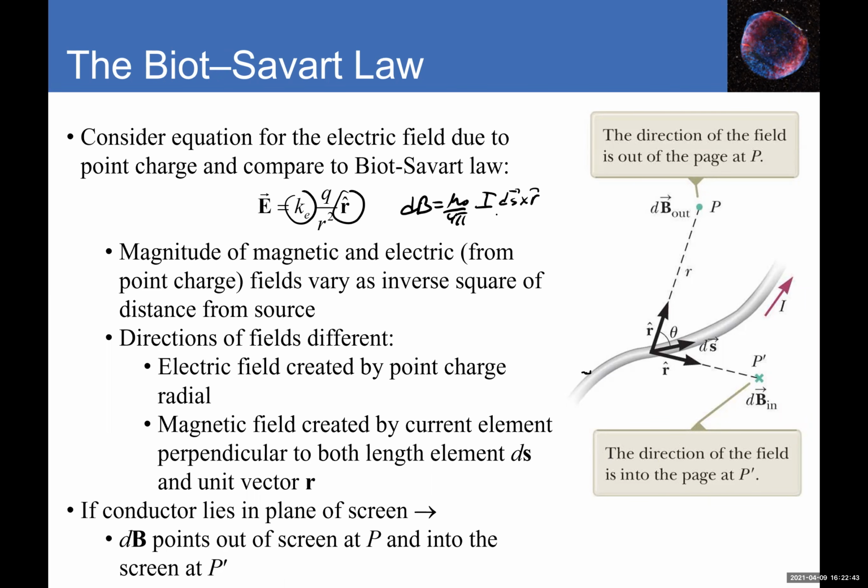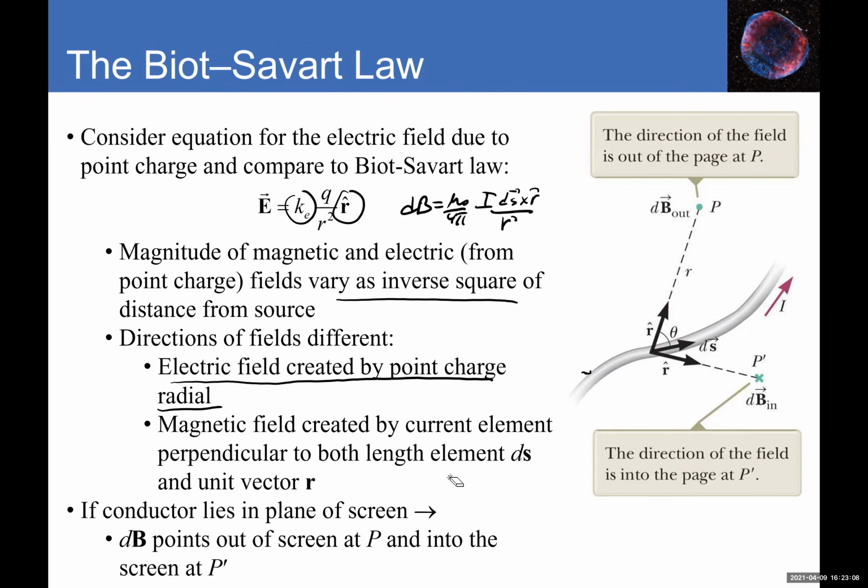That's why it's a cross product, but it's also inversely proportional to distance squared. So the magnitudes of magnetic and electric fields vary as the inverse square of distance from the source. The directions differ: the electric field created by a point charge is radial, whereas the magnetic field created by a current element is always perpendicular to both the element and the unit vector r.